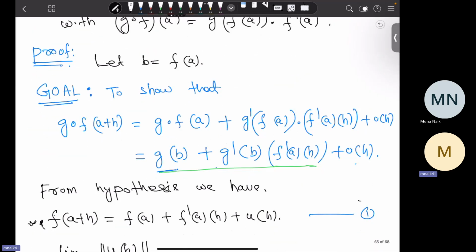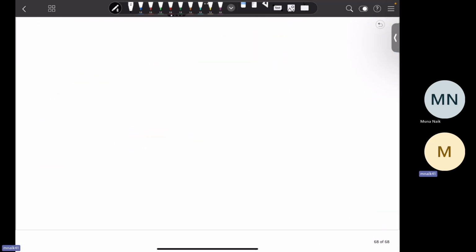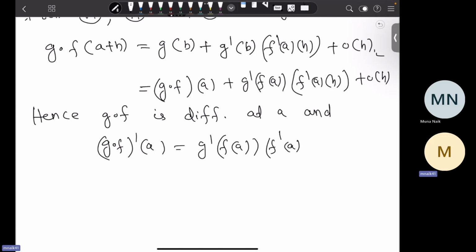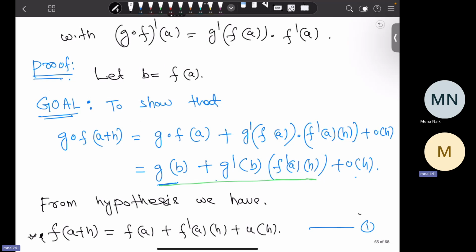G composition f prime of a is equal to G prime of f of a composed with f prime of a. Okay, so this is clear. So we have proved the composition rule.